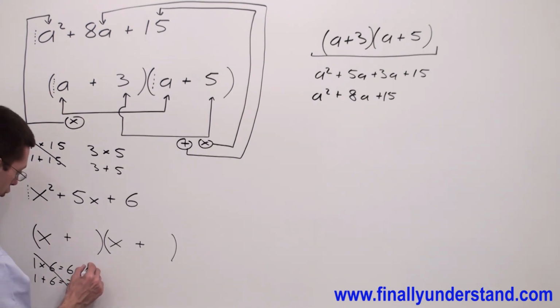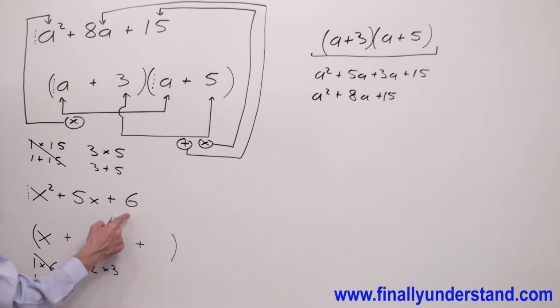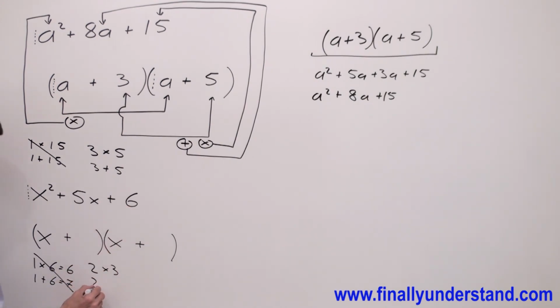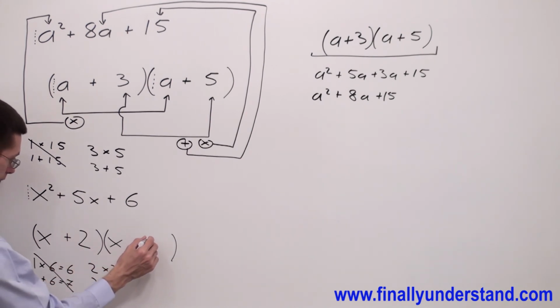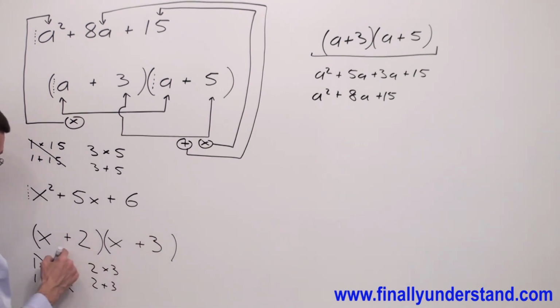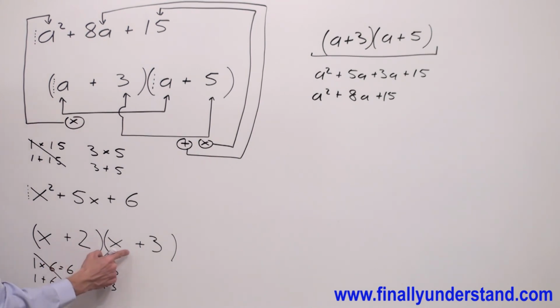I have 2 times 3. 2 times 3 is equal to 6. Okay, it works. 2 plus 3 gives me 5. Oh, so it works perfectly. So that's why the numbers which I'm supposed to write over here are 2 and 3. This is the solution to my problem.